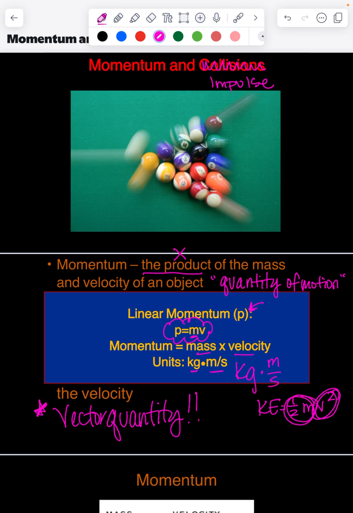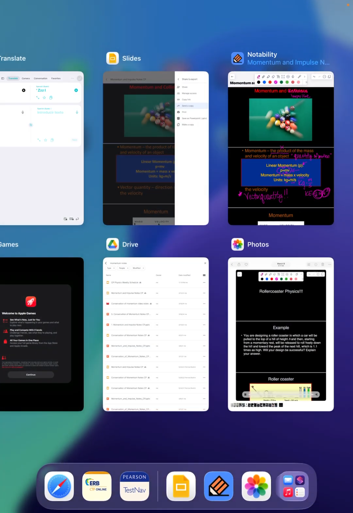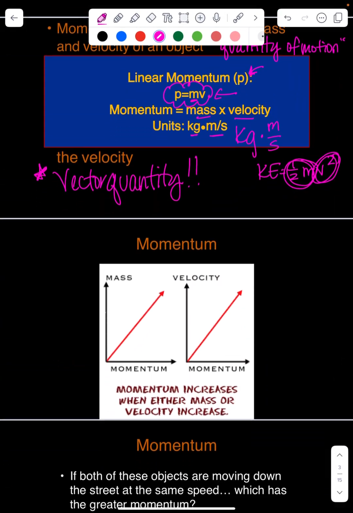All right, but momentum depends just as much on mass as it does on velocity. All right, so if we increase the mass, that's going to increase the momentum. If we increase the velocity, that's going to increase the momentum. All right, and that's what we see right here.